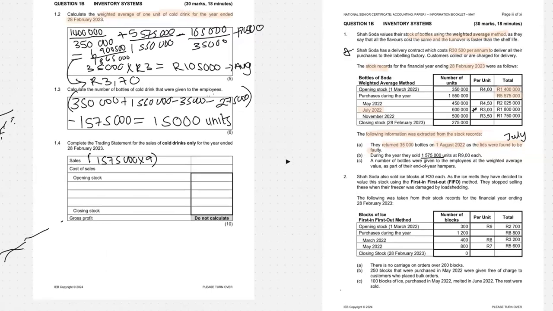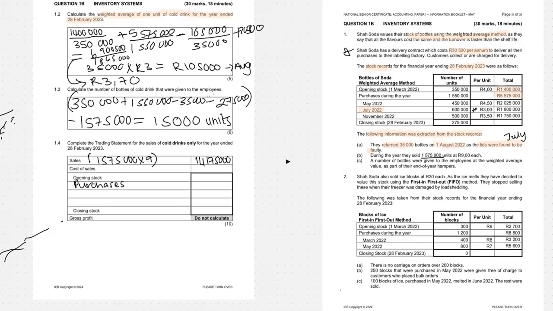Then we continue. Cost of sales. How are we getting our cost of sales? Cost of sales is equal to your opening stock plus your purchases. And then we add the delivery of goods, that is part of your carriage on purchases. That's what we call it.